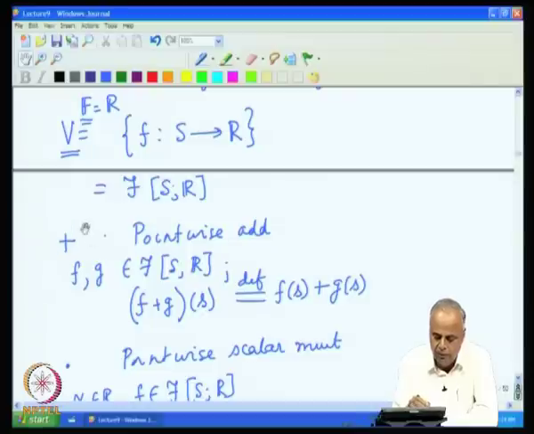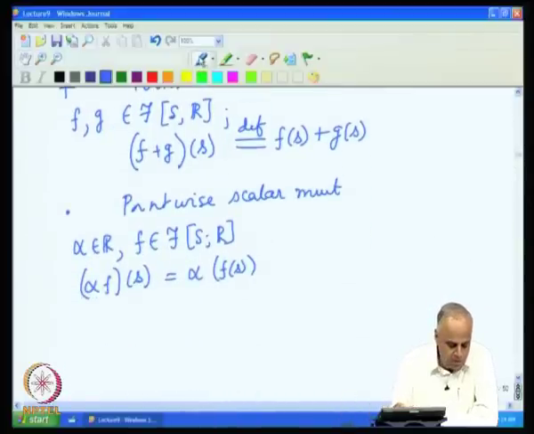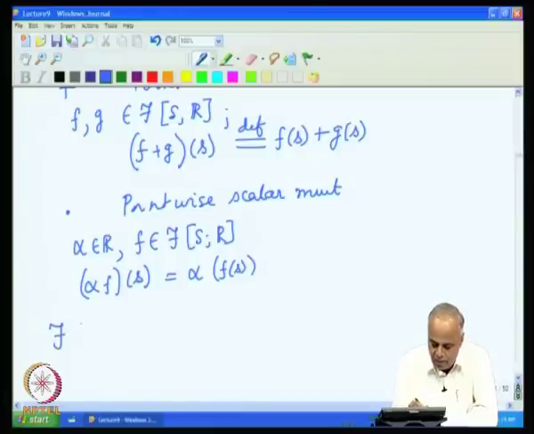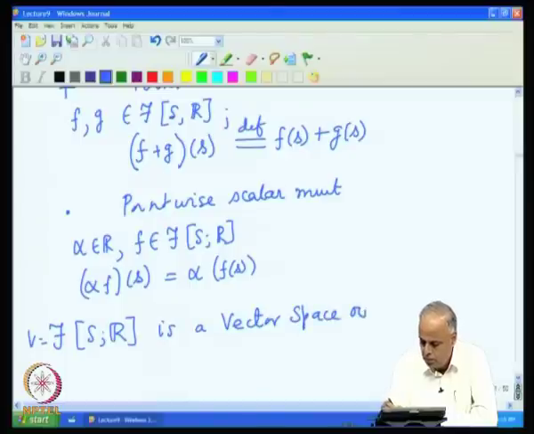Addition of functions is pointwise addition, scalar multiplication is pointwise scalar multiplication. Now, with these laws of addition and scalar multiplication, F(S,R) is a vector space over R.